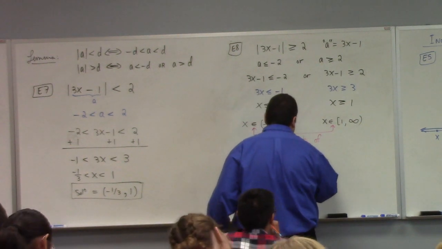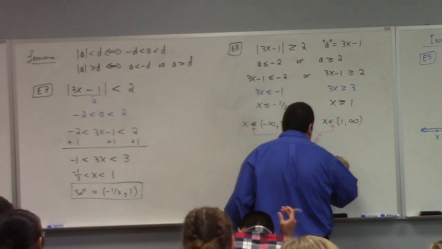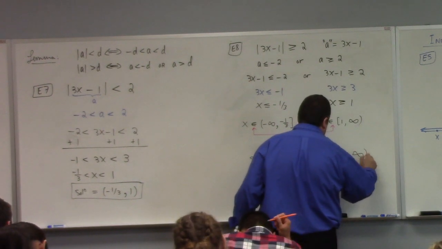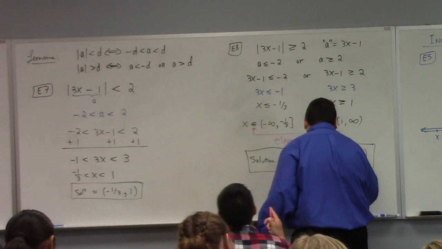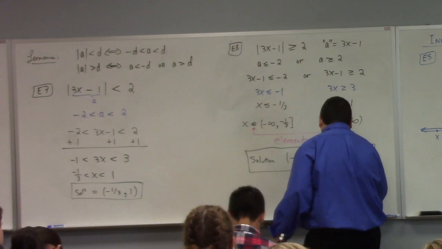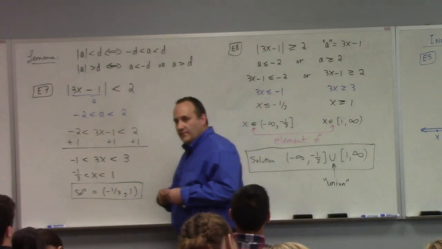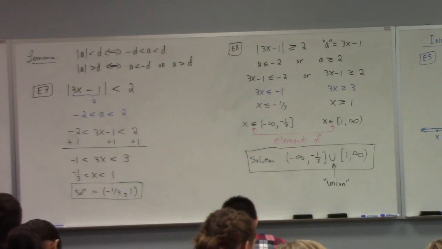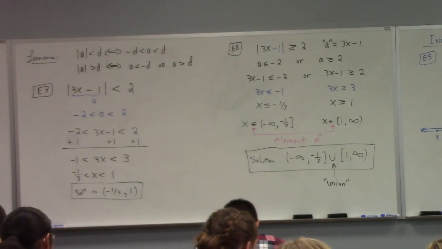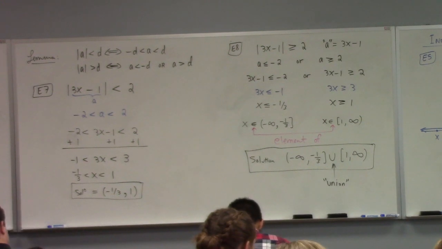Minus infinity to minus 1/3 unioned with 1 to infinity. This is the solution. That's union. That means you put it together, using both answers as part of one to list what you calculated. Right, yep. And those are a disjoint union. There's no common point there.